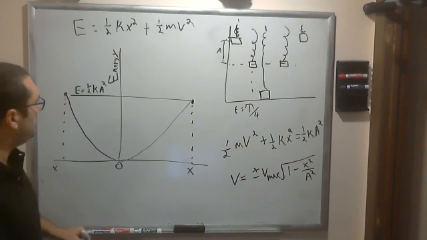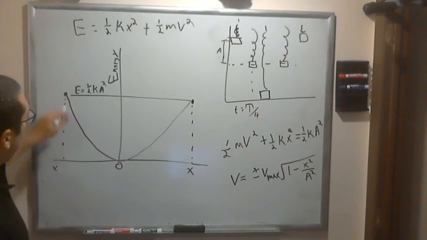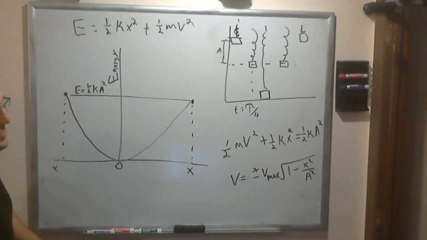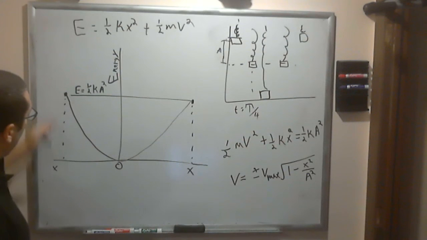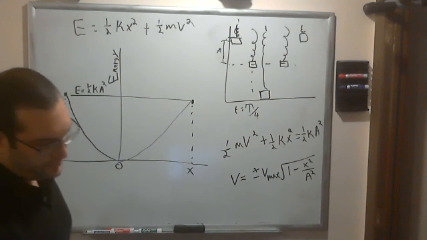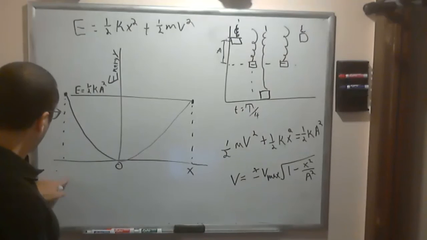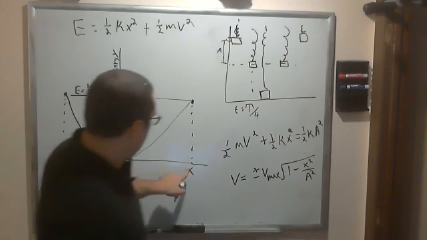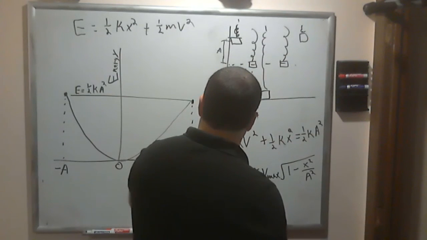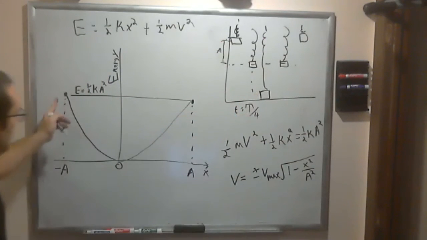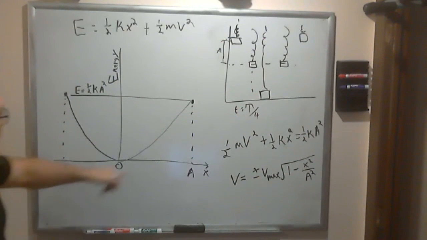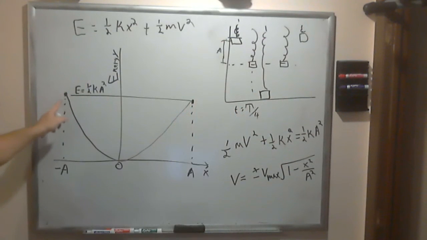And what happens is that we see a transfer of energy between the kinetic and the potential energy. So at the top, this is all potential energy. Or I shouldn't say at the top. At its maximum position, whether you're at minus A or plus A, you have the max potential energy.